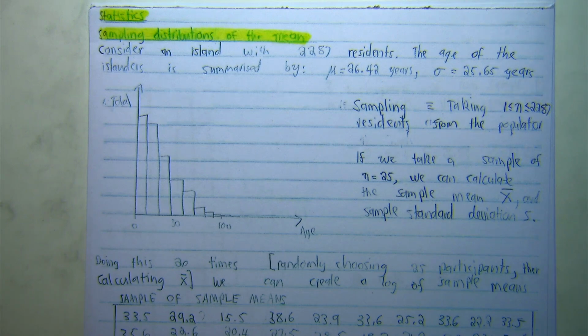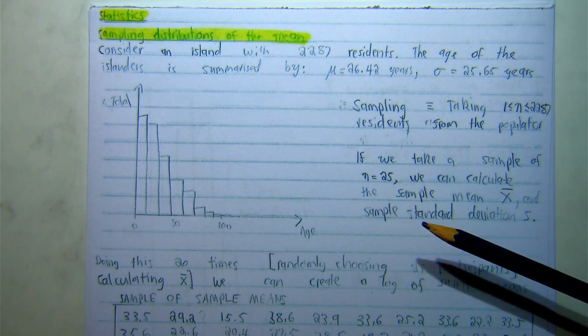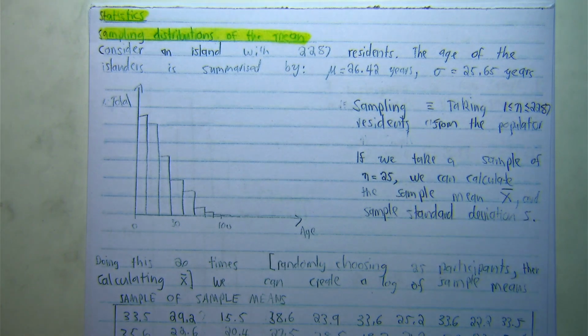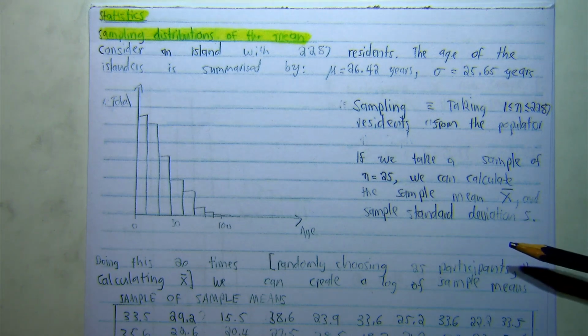So we might take a sample of 25 people, just randomly pick 25 off the island, and then we could work out the average age of those people and have a sample mean x bar and a sample standard deviation s, which is giving us descriptive statistics of this sample.